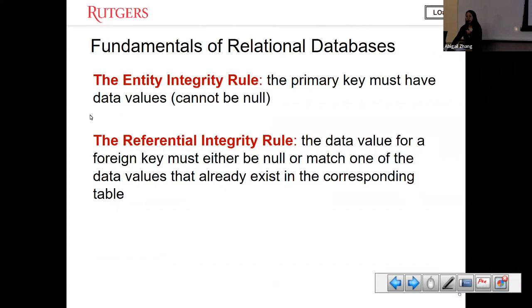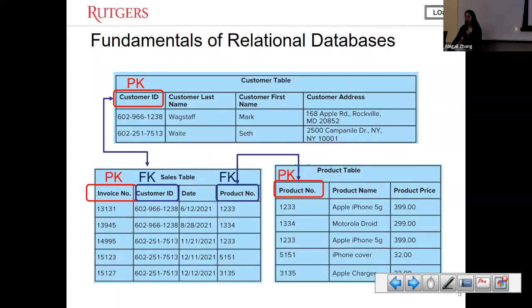Now, unlike the primary key, the foreign key can actually be null. But the bottom line is that if there is a value for the foreign key, that value has to exist in the corresponding table. For example, let's say we have a customer ID number here, which is a foreign key.